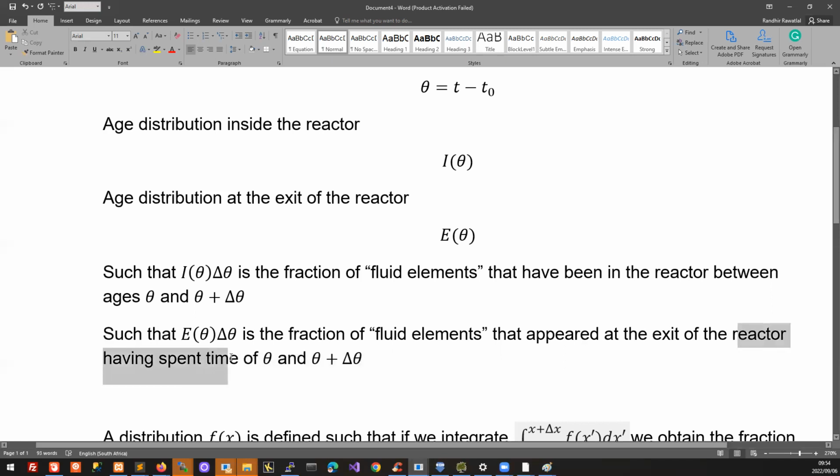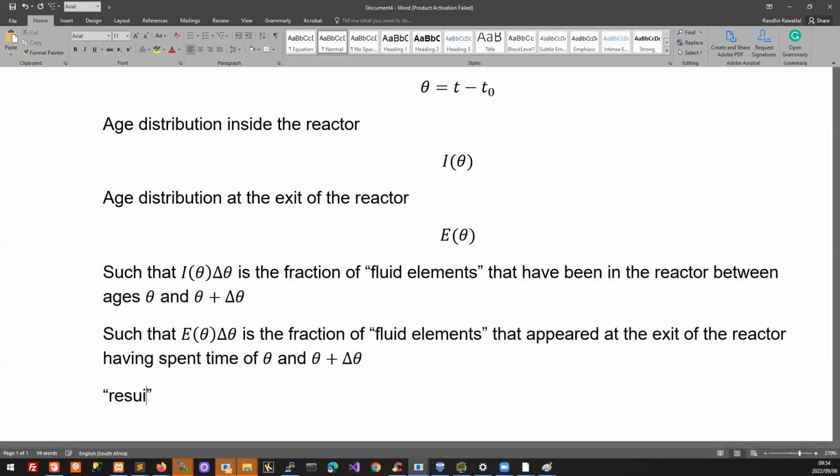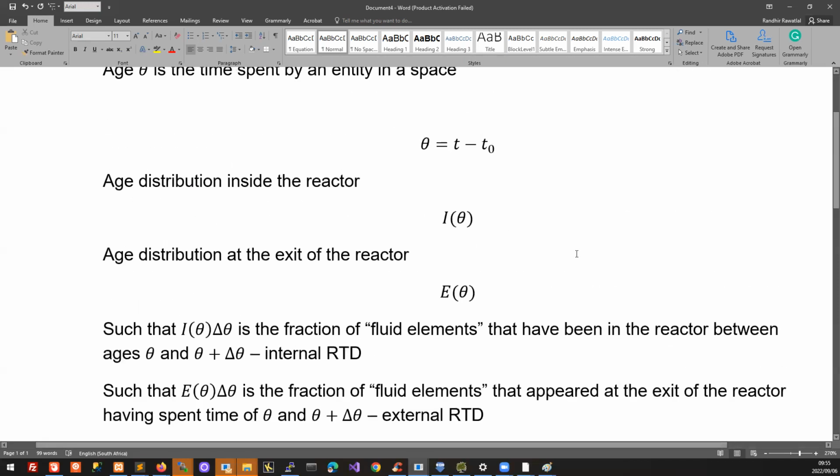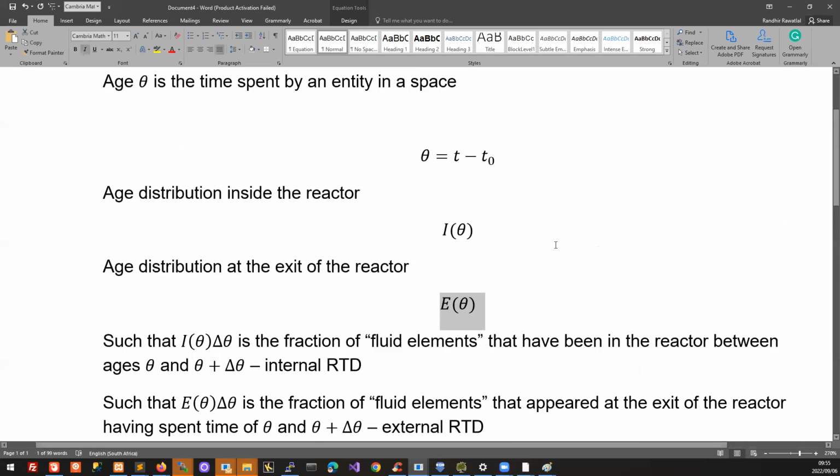And having spent time is where the term residence time comes from. So residence time, how long have you resided in a space? What was your residence time in that reactor? So this is the so-called external residence time distribution, external RTD. And this one is the internal RTD. Okay, so those are the two things that we are looking at. We want to know what's the internal RTD and what's the external RTD for our reactors.